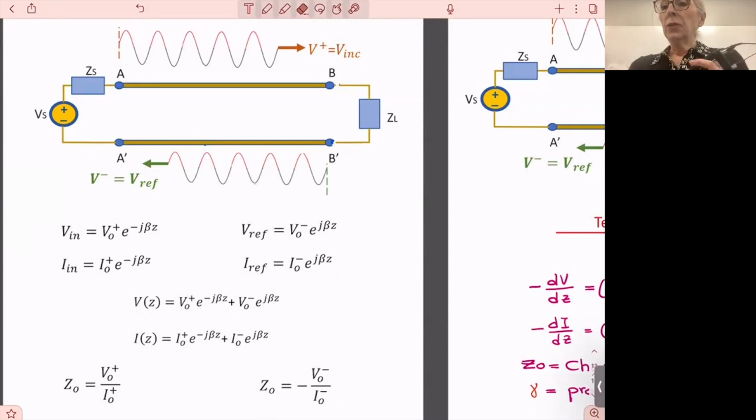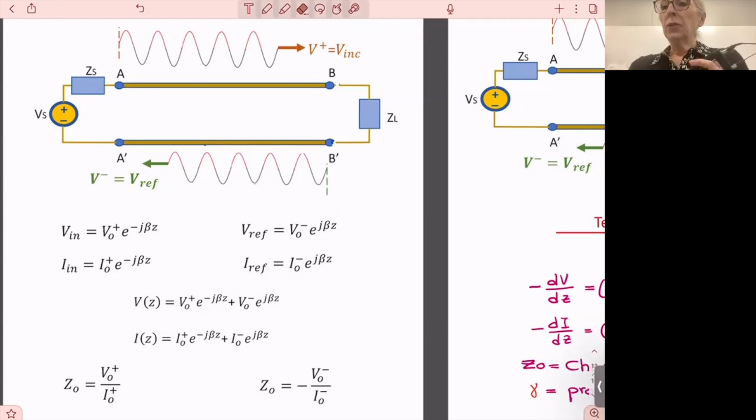What you will always find is that V naught plus, which we found here in the incident wave, and I naught plus are not totally independent. They are related through the characteristic impedance. So if you find one, then you know the other. In reality, we don't have 4 unknowns.